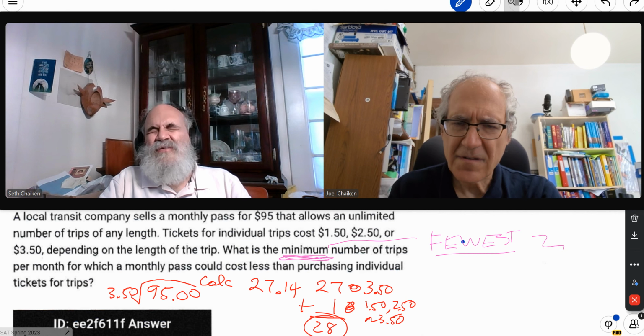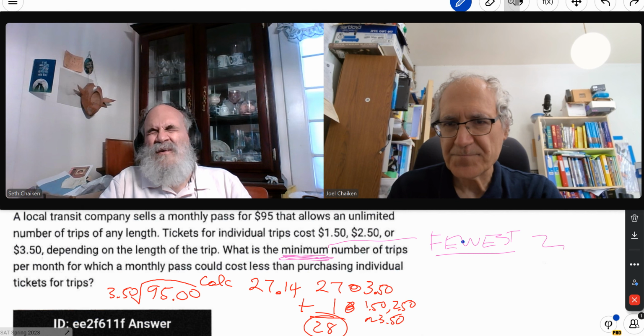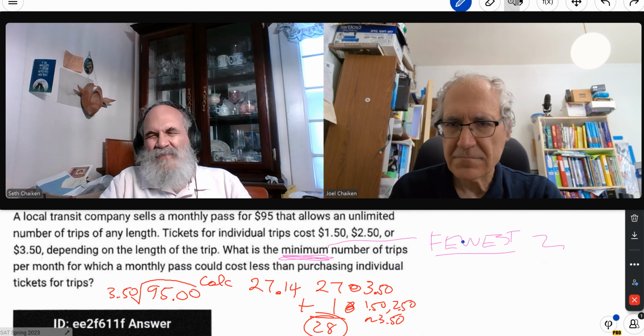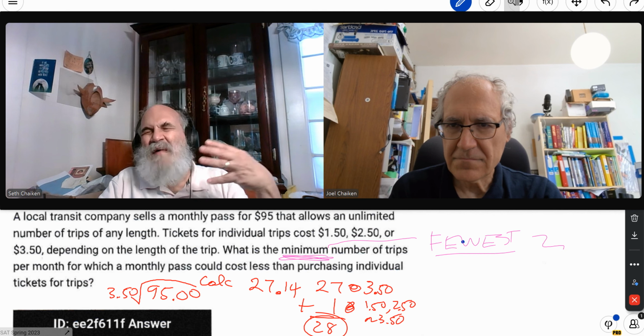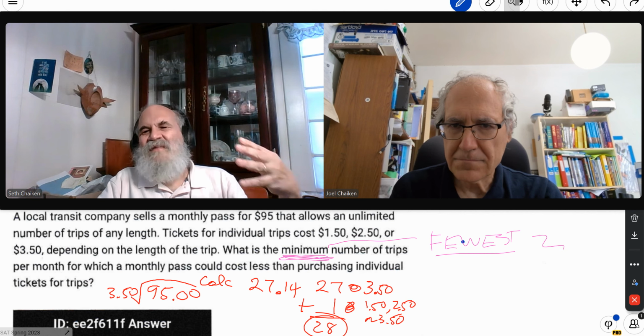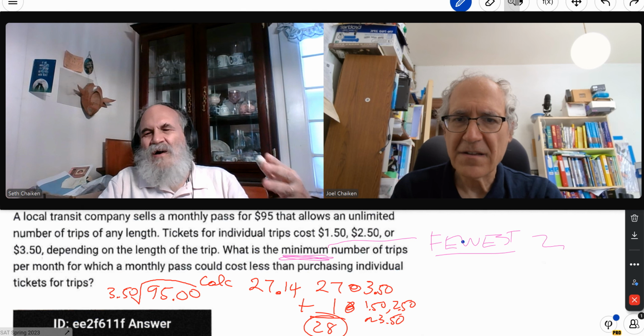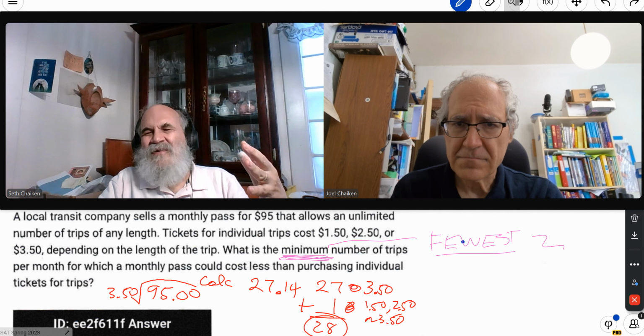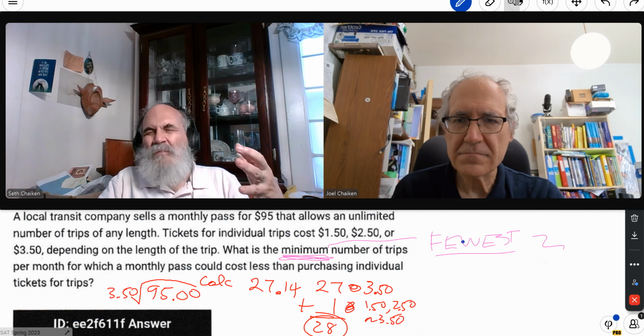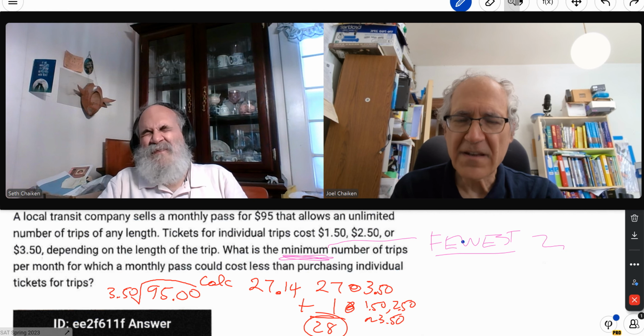You want to calculate a collection of trips that is more expensive than the monthly pass, but has the fewest trips. So you make each trip the most expensive possible.